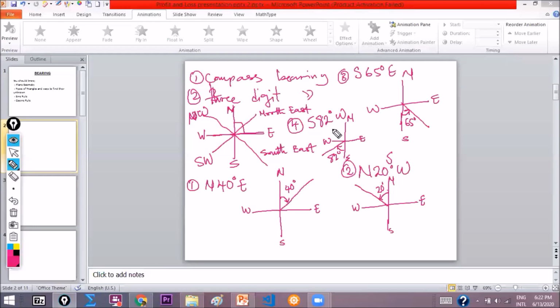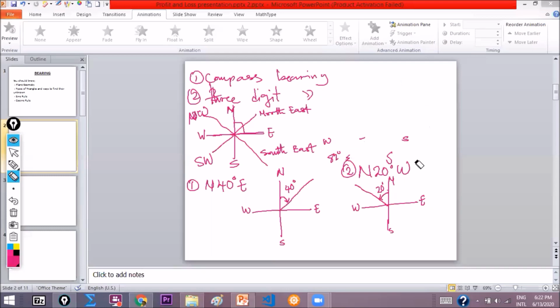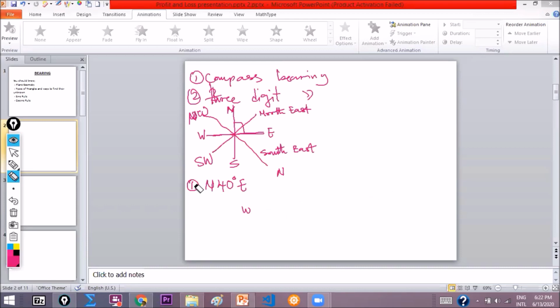Okay, so now let's go to 3-digit bearing. Let me erase this. No, I shouldn't erase that, it's quite important. Let me erase all this. Okay, so for your 3-digit bearing, you have 3 digits.